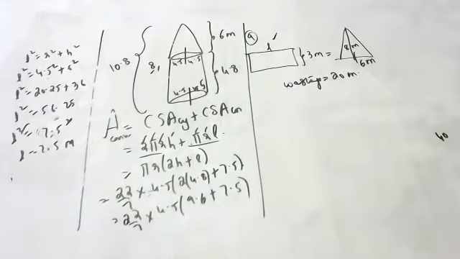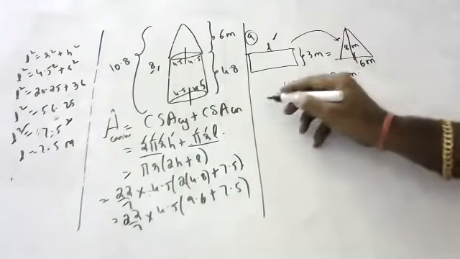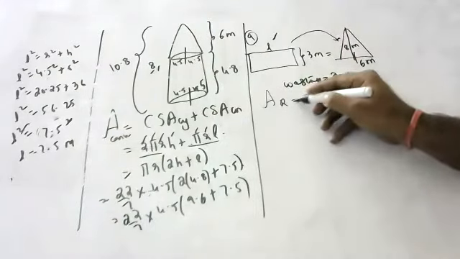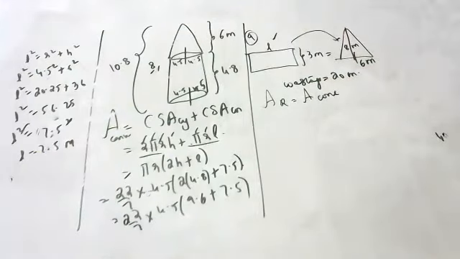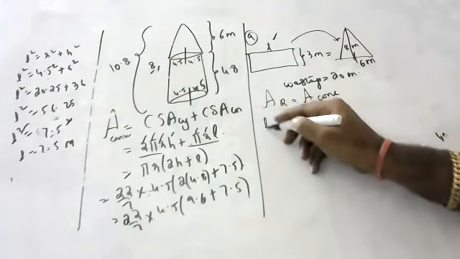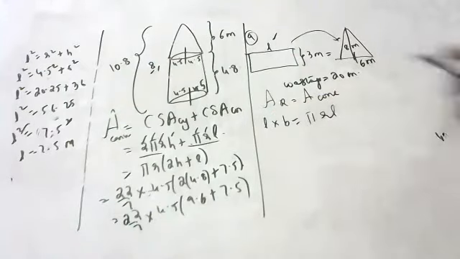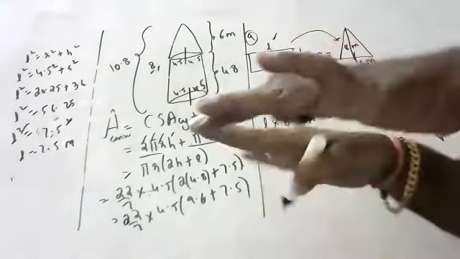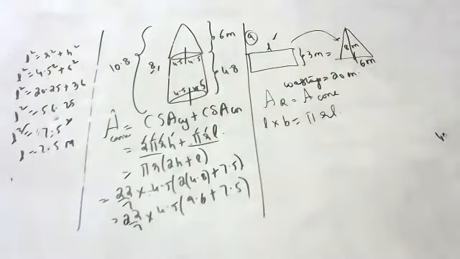Srini, did you understand the question? This cloth is converted into a cone. So the area of rectangle is converted into the area of cone. That's all. What is the area of rectangle? L into B. Very good. What is the CSA of cone? Pi r L. This cloth they folded in the form of a cone.